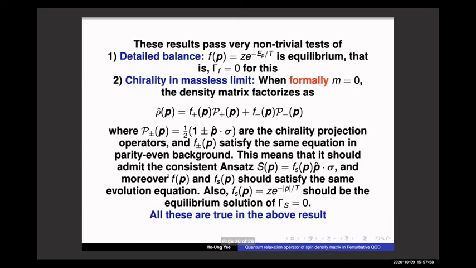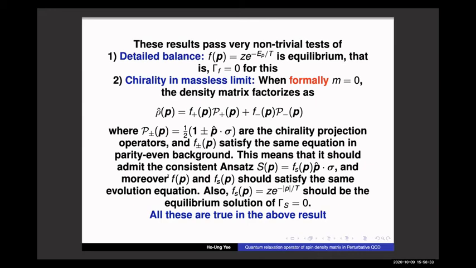We could also check our results by considering a formal massless limit, because in that limit the spin is aligned with momentum, so the spin density matrix should be basically proportional to the projection operators defined that way. In other words, the spin density matrix should be a 2x2 matrix dictated by the chiral projection operators. It cannot be arbitrary.